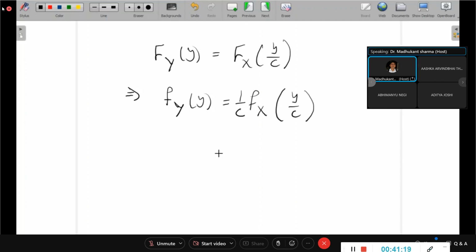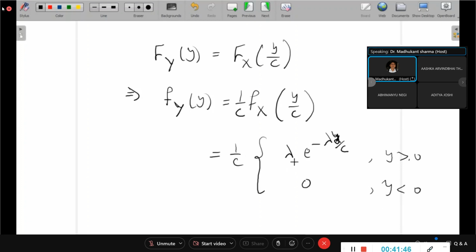Now 1 by c times c is positive, so this is going to be lambda times e to the power minus lambda y by c, whenever y is greater than 0, and 0 whenever y is less than 0.